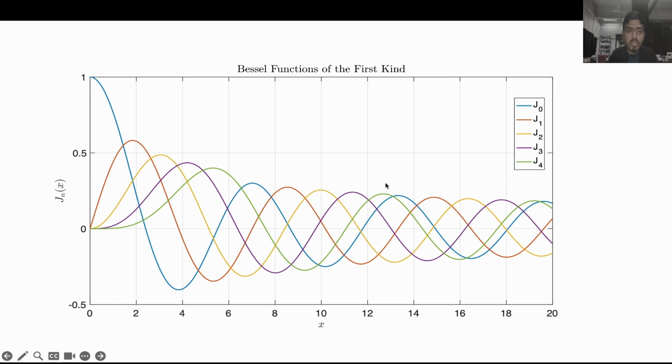So except J0(x), which starts from 1 at x equals 0, all the other Bessel functions of first kind start from 0 at x equals 0. All these J1, J2, J3 behave like a damped sine wave, whereas J0(x) behaves like a damped cosine wave.